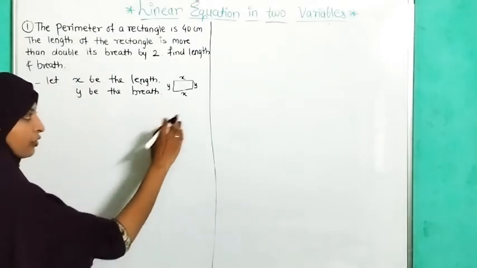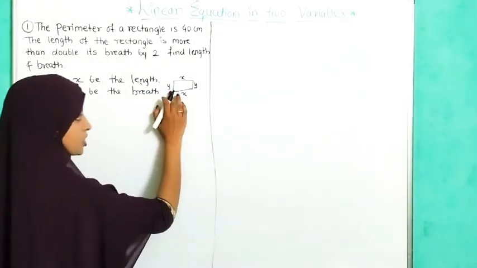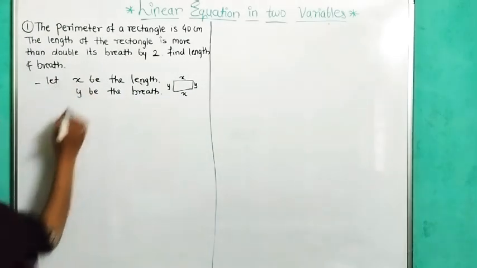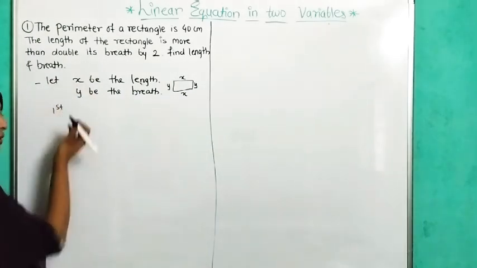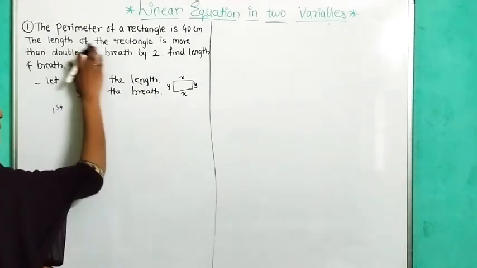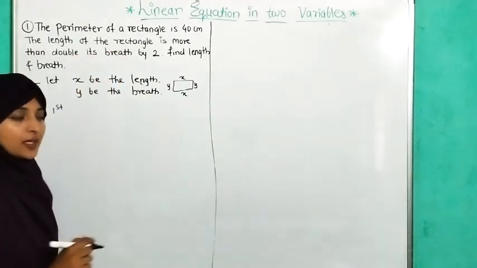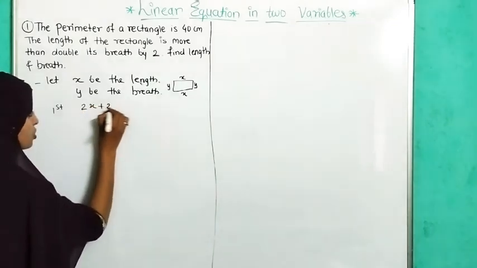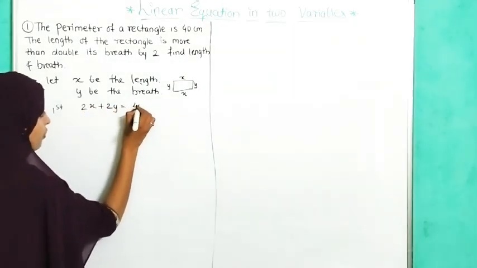So the perimeter of the rectangle is twice x plus twice y. According to the first condition, the perimeter of the rectangle is 40 centimeters. Then we know that 2x plus 2y is equal to 40.